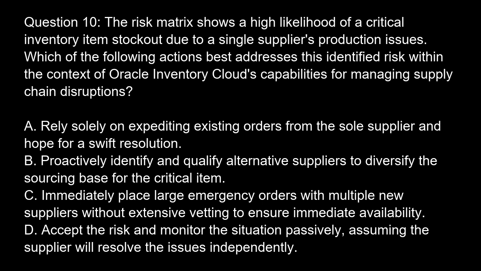Option B. Proactively identify and qualify alternative suppliers to diversify the sourcing base for the critical item. Option C. Immediately place large emergency orders with multiple new suppliers without extensive vetting to ensure immediate availability. Option D. Accept the risk and monitor the situation passively, assuming the supplier will resolve the issues independently.